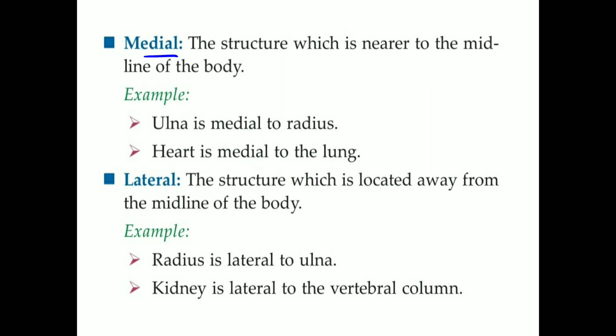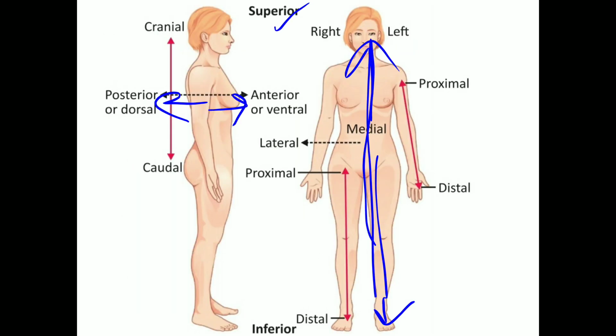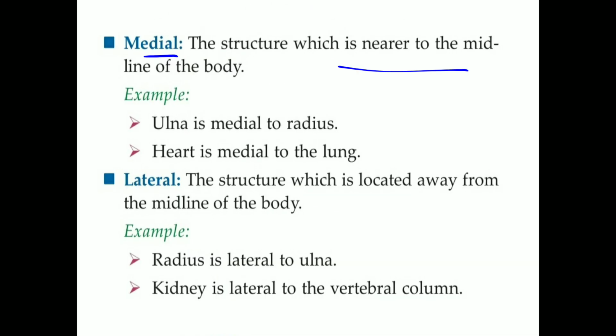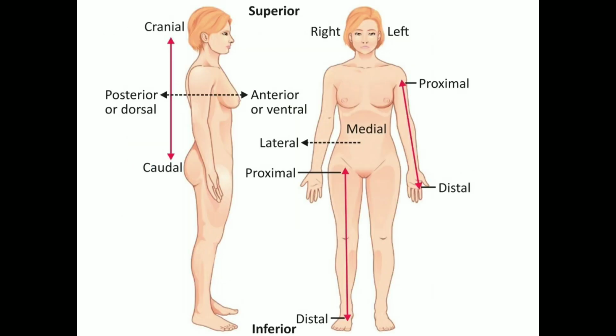Then the next is medial. The structure which is nearer to the midline of the body. This is the midline of the body. The structure which is nearer to the midline of the body is medial. Example, ulna is medial to radius. Radius and ulna are the two bones of the forearm.